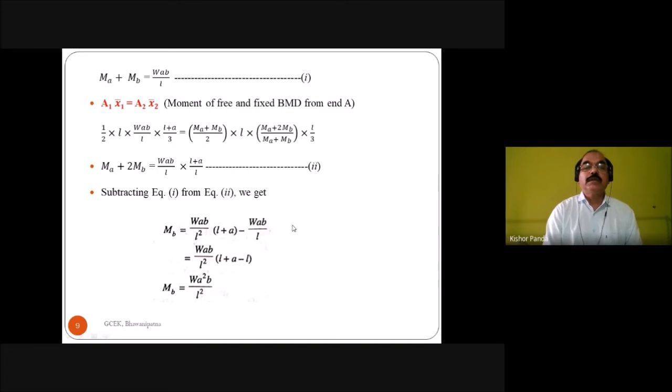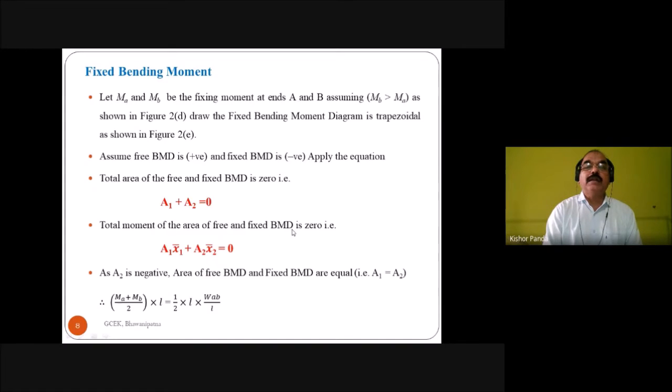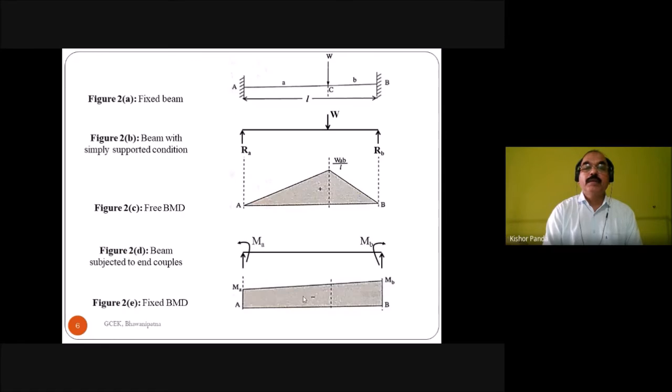But here you see, as the moments at both ends A and B are different, you have to apply the second moment area theorem. That is, A1 x1 bar is equal to A2 x2 bar, because here there are two unknowns, MA and MB. So you have to use two equations.